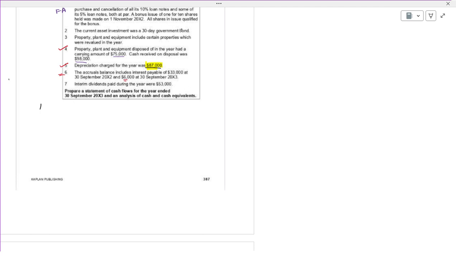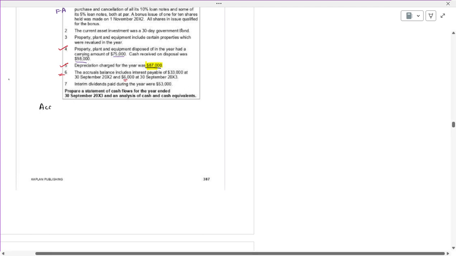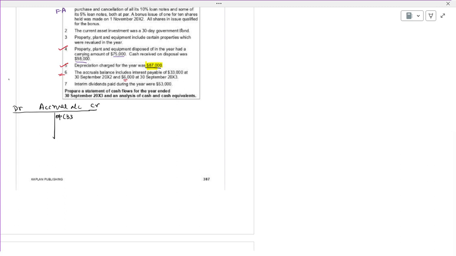You have an accrual account, a T account, with debit and credit. How much did they say the opening balance is? They said the opening balance is 33. Liability opening balance is always on the credit side.